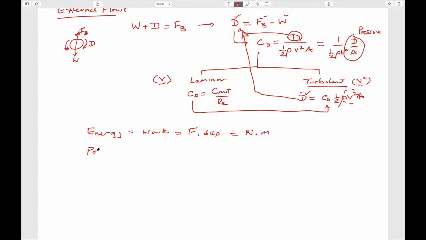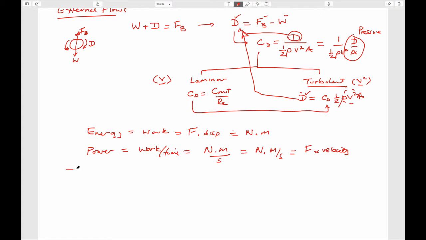And power is the rate of doing work, which equals Newton meters per second, or maybe think of it in terms of newtons times meters per second, which is the same as force times velocity. And of course, velocity is just displacement divided by time. So the two are linked in this particular way.